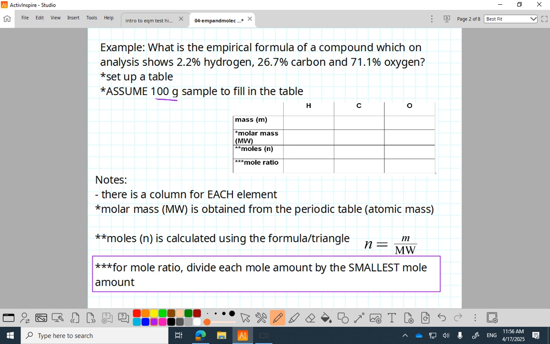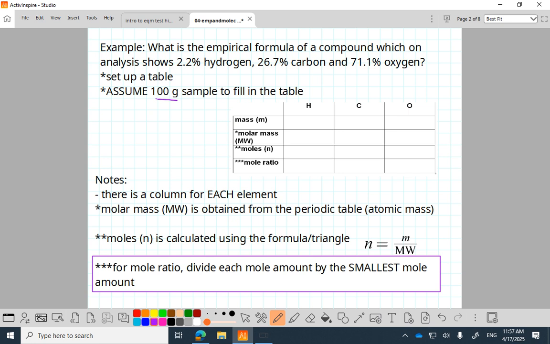Because if you have 100 grams and 2.2% of it is hydrogen, how many grams do you have? 2.2, okay? So really we're going to use this percentage in the chart as the gram amount. The next slide has a bigger chart, so we'll wait, okay? So then, no matter what our sample is, it would be 2.2% hydrogen.